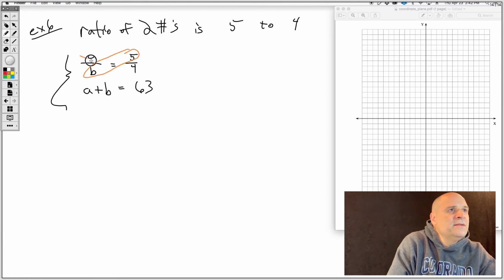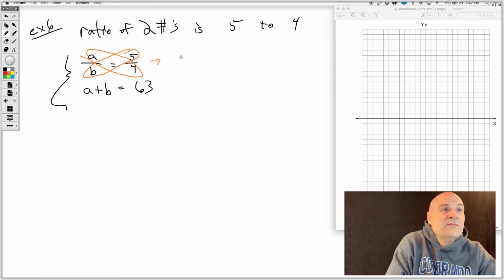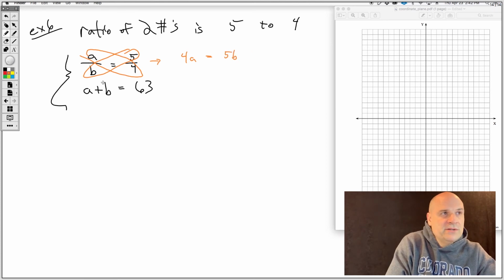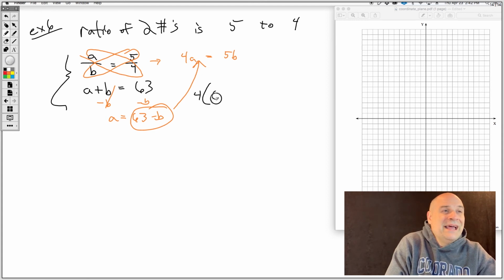So we're just gonna turn this into this problem, which is just 4a, 4 times a has to equal 5 times b. All right, so here's one equation, here's another equation. So I think I'll just get rid of b here and get my a by itself, 63 minus b. So this guy's gonna go right there in for a. So let's rewrite that. 4 times a, which is now 63 minus b, equals 5b.